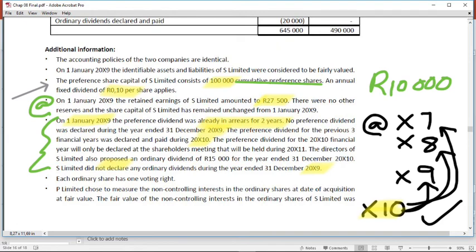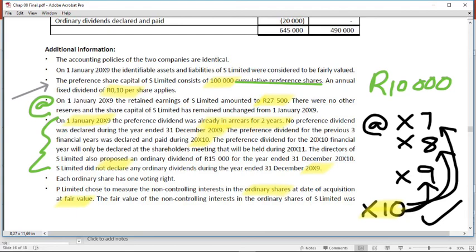NCI is measured at acquisition date in the ordinary shares, now also at fair value, and the fair value of the non-controlling interest in the ordinary shares was 52,000 Rand if you read on to the next page, and the fair value of the non-controlling interest in the preference shares of S was 75,000 Rand at acquisition date.